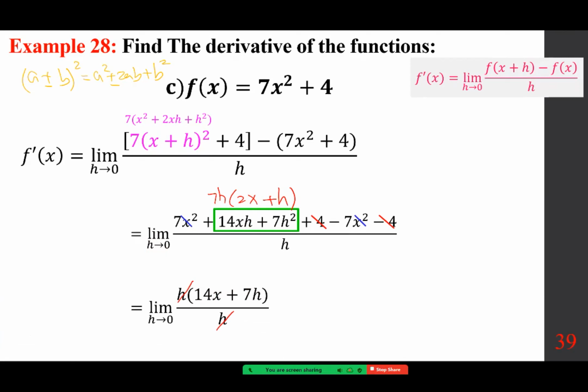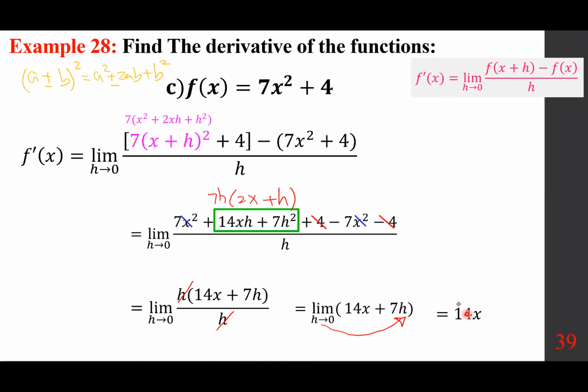Of course, but I'm interested in getting rid of the h, and I write this. And now if I replace the h with 0, I get the answer 14x. And as many of you know, you can come up with the answer in a split second using the power rule. But we are using the definition here. That's what we must do.